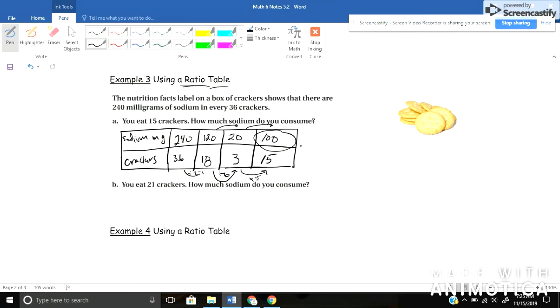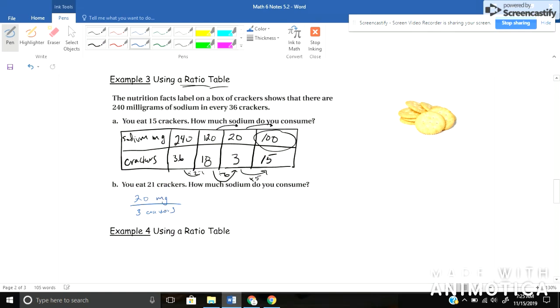All right. Letter B says that you eat 21 crackers. How much sodium do you consume? Well, without doing the entire problem again, you can use what we've already figured out. We knew that in 3 crackers there was a total of 20 milligrams of sodium.